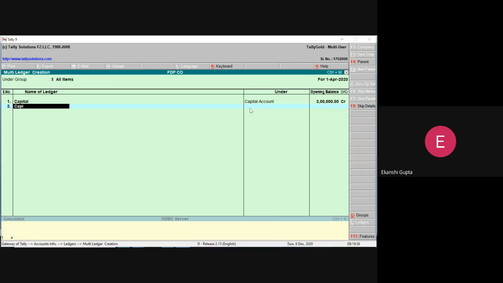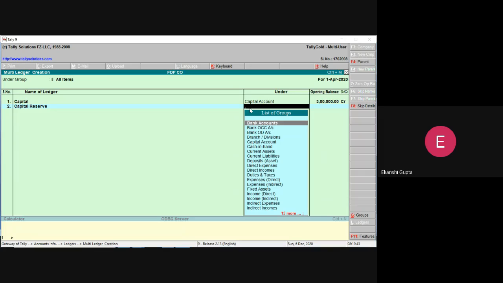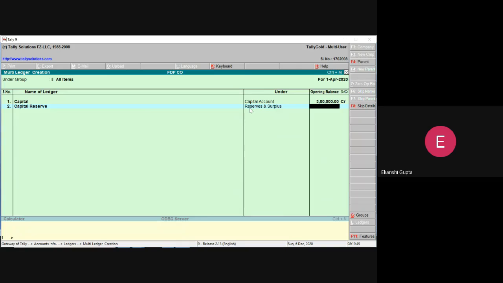Next was given as capital reserve. So capital reserve will be under your reserves and surplus with the amount of 1,75,000.